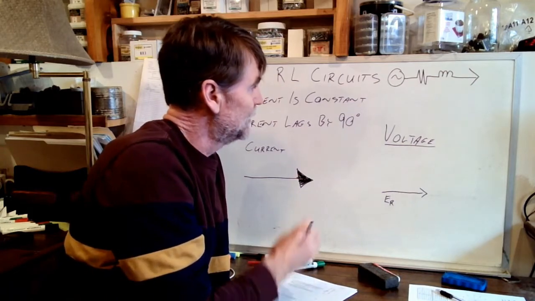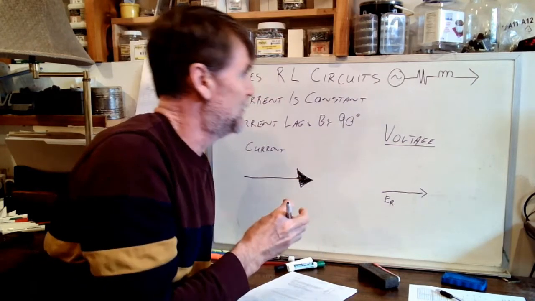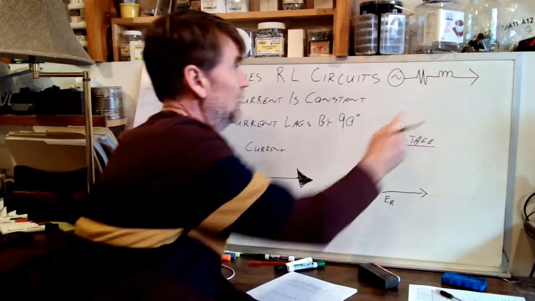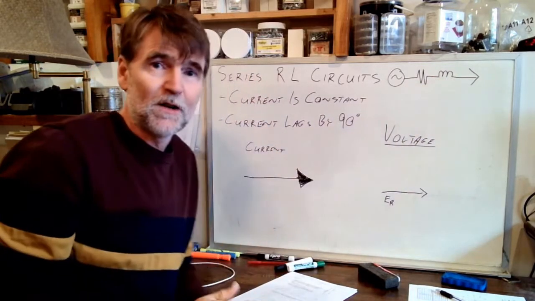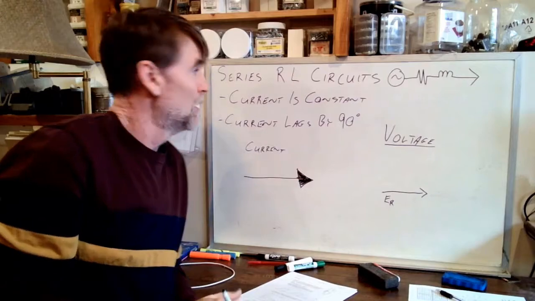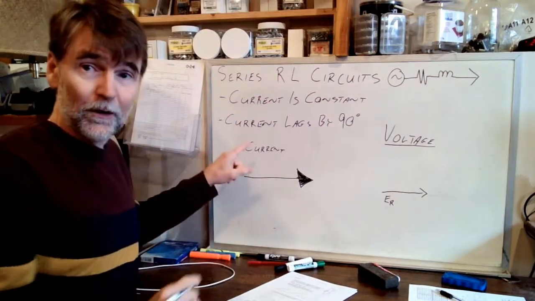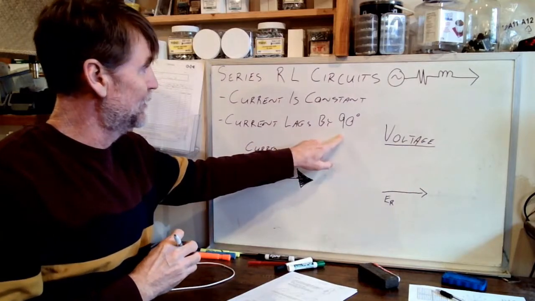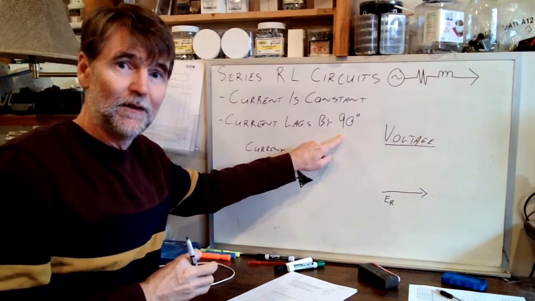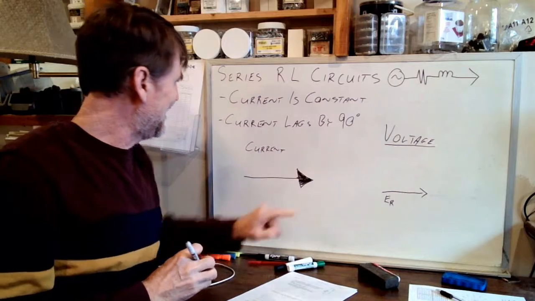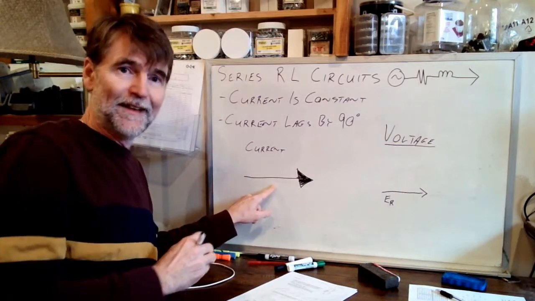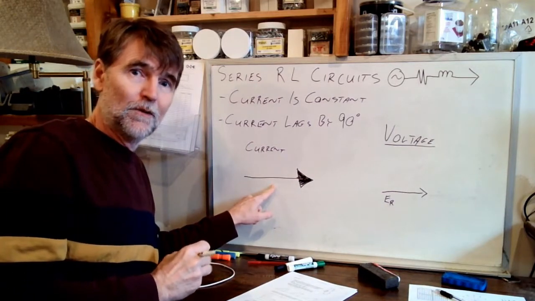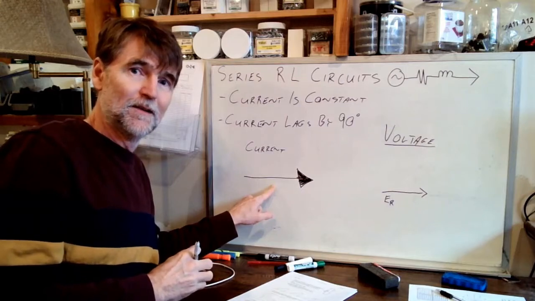Next I want to draw a vector which represents the voltage dropped across the coil. At the inductor, current lags the voltage by 90 degrees. So if the current vector is at 0 degrees, where's the voltage vector going to be?